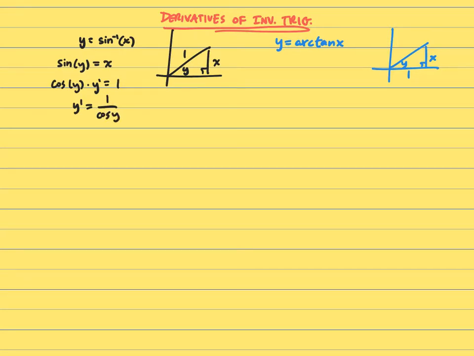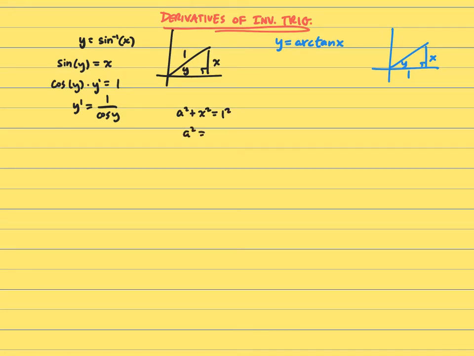Now, in order to find the cosine of y, I've got to go back to my triangle, and I've got to find the adjacent side over the hypotenuse. Therefore, what I'm going to do is use the Pythagorean theorem. If I use the Pythagorean theorem with a squared plus b squared is equal to c squared, I can solve for a.